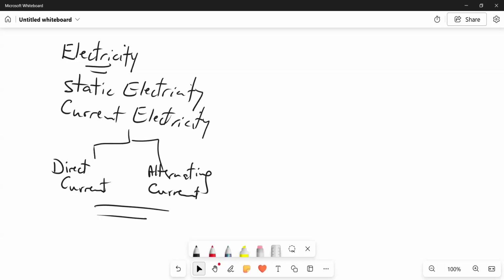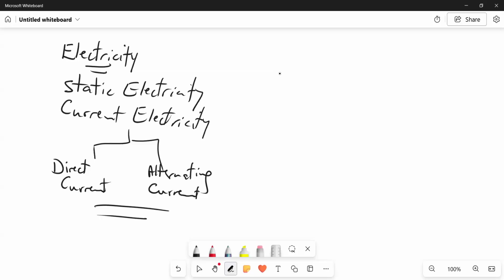So electricity basically has to do with the movement of charges, or charged particles. And before I can get into that, I probably have to get into what happens at a molecular level, or even the atomic level as well.